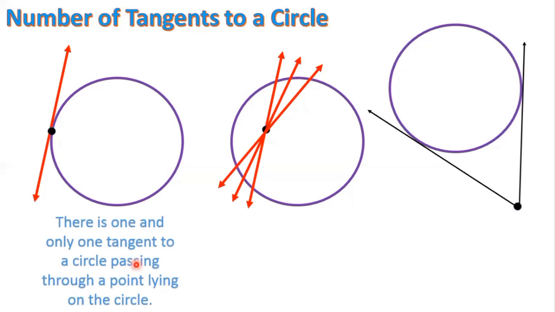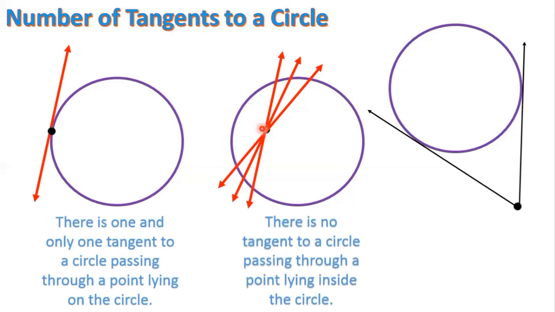2. So if a point is on the circle, there is only one tangent to the circle passing through it. There is no tangent to a circle passing through a point lying inside the circle.